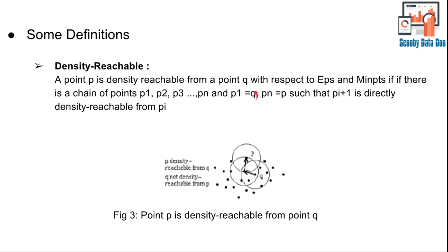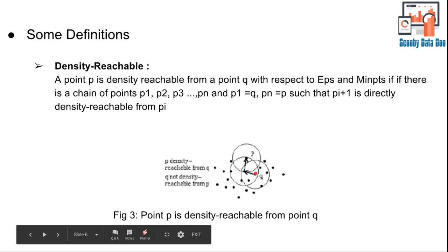Q is the point from where we are starting and considering whether P is density reachable from Q or not. So how is it happening? All these series of points have to be consecutively directly density reachable from each other. That means P2 is directly density reachable from P1, P3 is directly density reachable from P2, and so on and so forth. This is what this general structure says, that Pi plus 1 is directly density reachable from Pi.